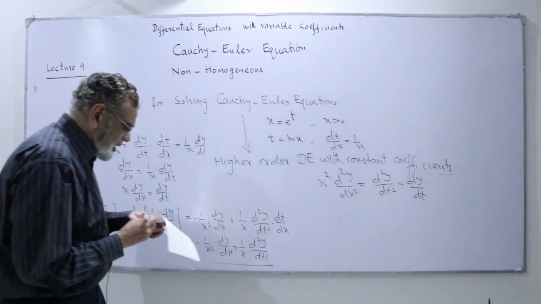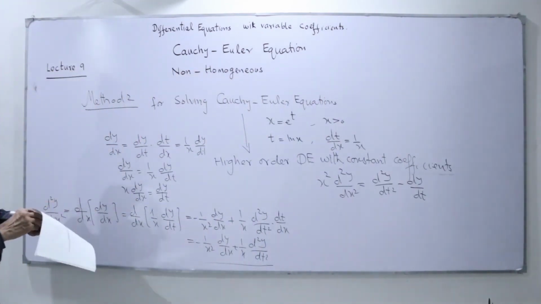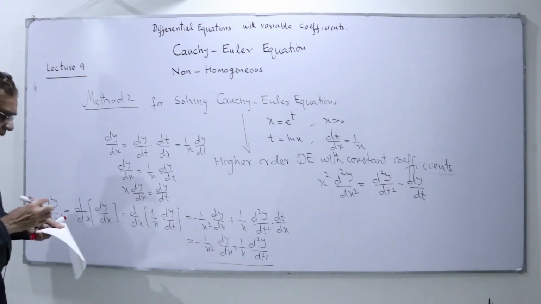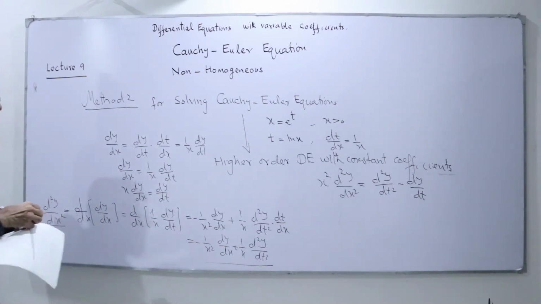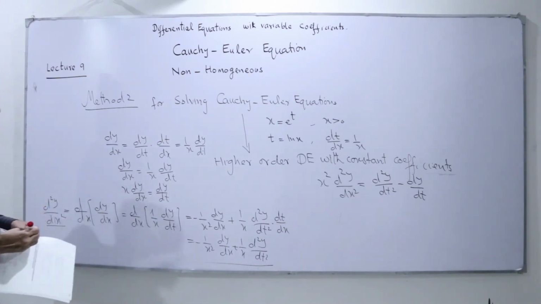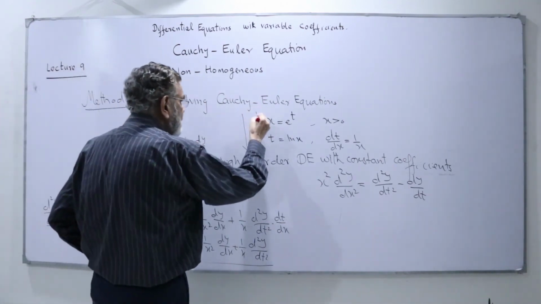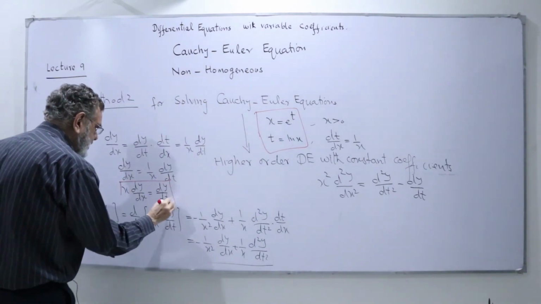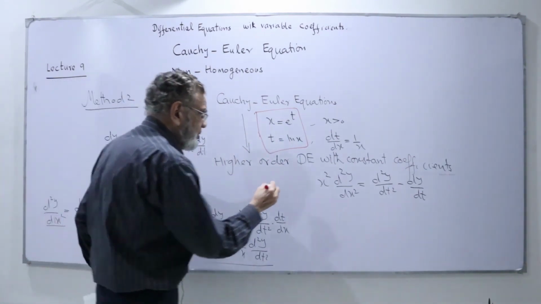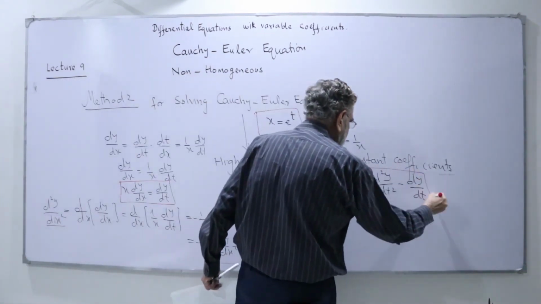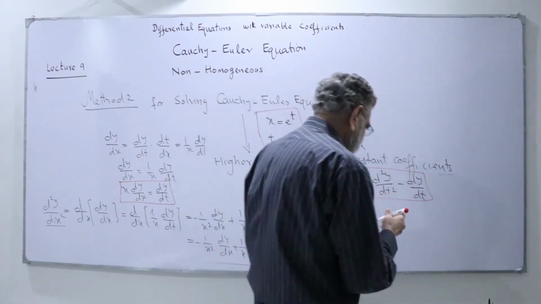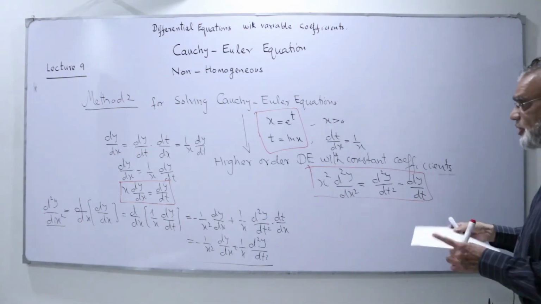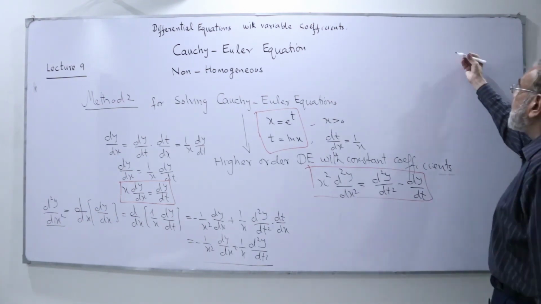So in this way, we change our variable to t, and remember these equations, and with the help of that, we must use it and change it to the constant coefficient. This is our transformation. And using this, we get x dy by dx, and we get x square d2y by dx square. I just write these values separately so that you will remember and apply them.